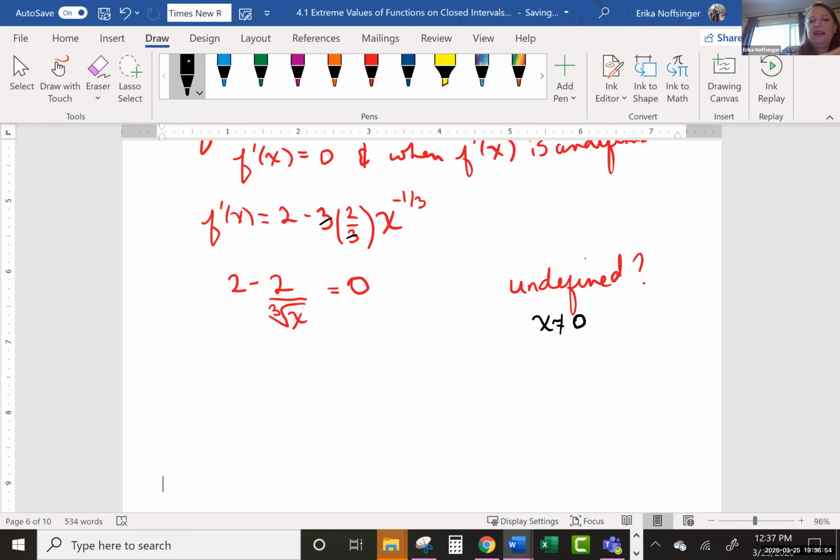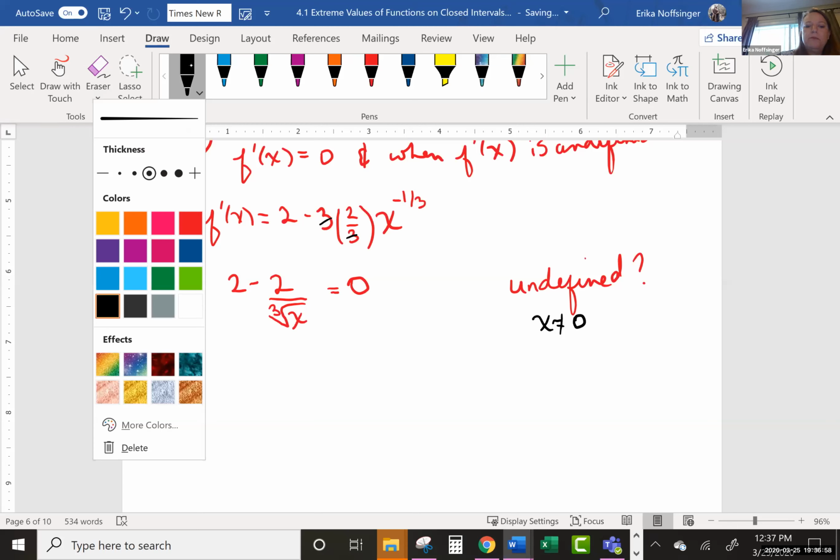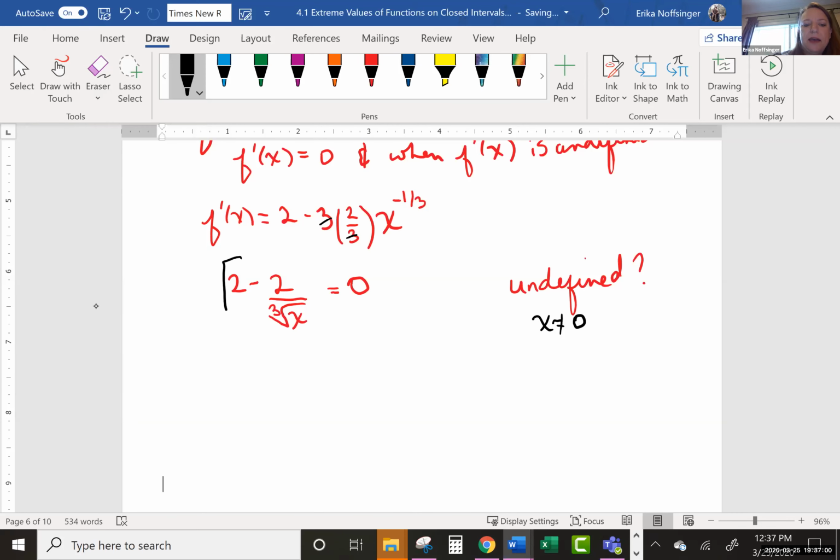I notice that I can solve this equation. I can clear my fraction by multiplying both sides by my LCD, so multiply both sides by the cubed root of x. So 2 times the cubed root of x is 2 cubed root of x, minus, when I distribute it to the 2 over cubed root of x, those cancel, leaving just the 2.